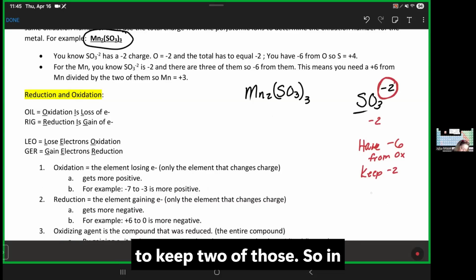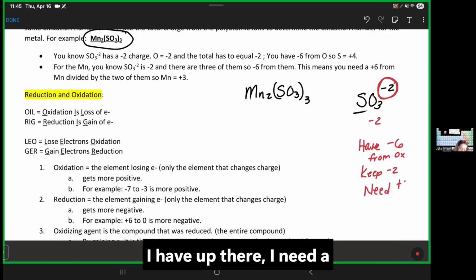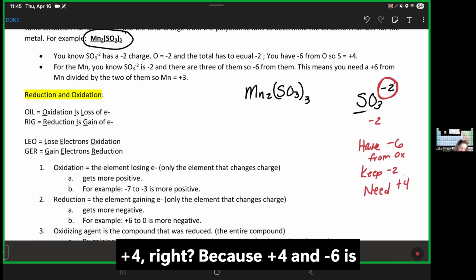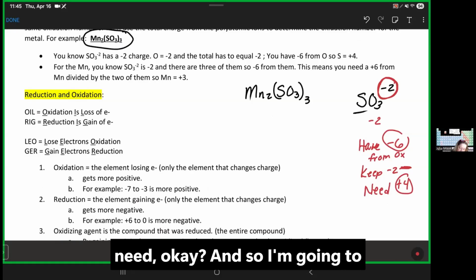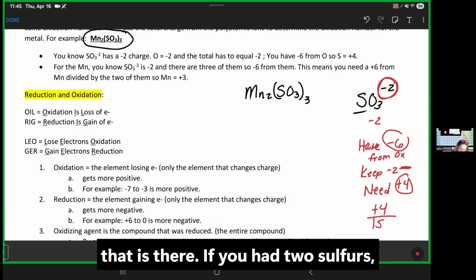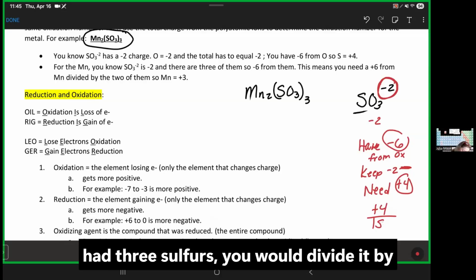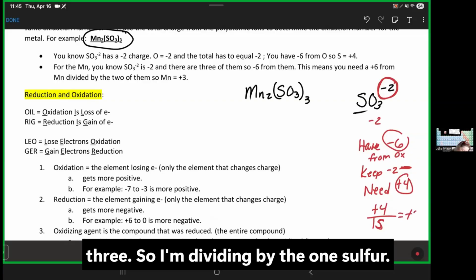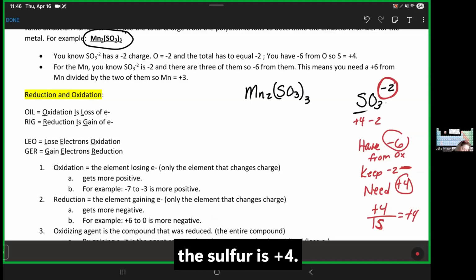So in order to balance out the negatives that I have up there, I need a +4, right? Because +4 and -6 is going to equal my -2 that I need. And so I'm going to divide that +4 by the 1 sulfur that is there. If you had 2 sulfurs, you would divide it by 2. If you had 3 sulfurs, you would divide it by 3. So I'm dividing by the 1 sulfur. So that sulfur is +4. So we know the sulfur is +4.